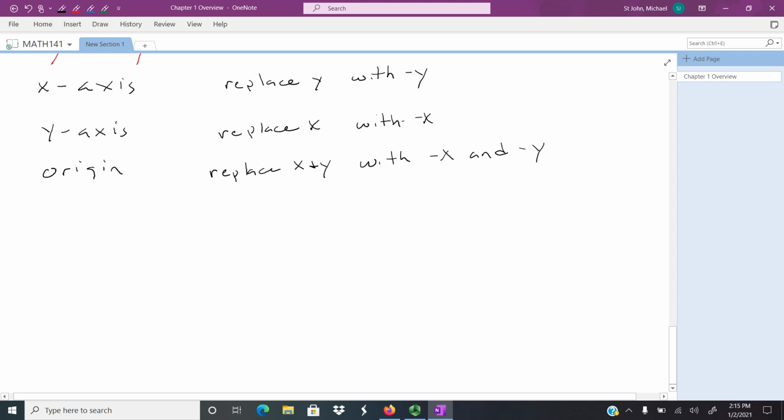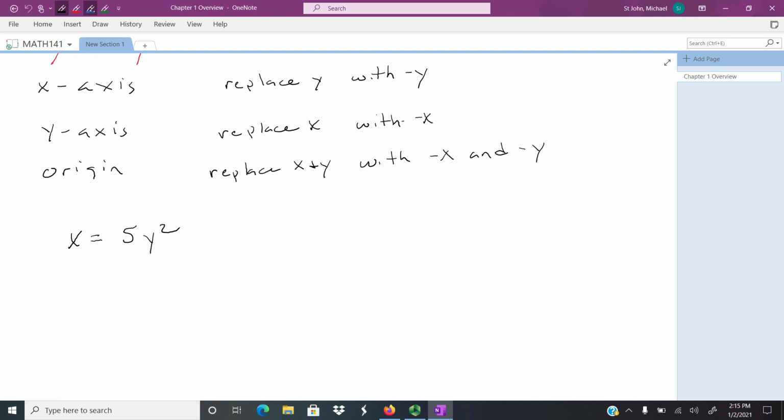So first off, with respect to the x-axis. Let's say, for example, I have x equals 5y squared as my original. Now the question is, is this going to have symmetry with respect to the x-axis?